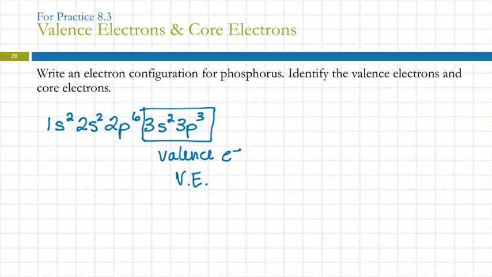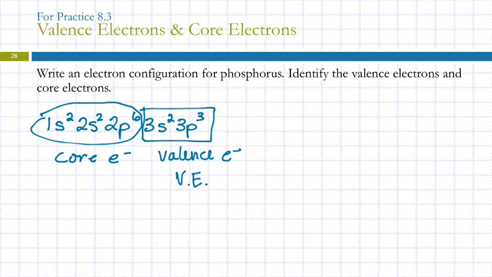And then these are the core electrons. So the valence electrons are the electrons staying on the highest floor of the hotel that anyone is staying on. There's a fourth floor, but nobody's up there.